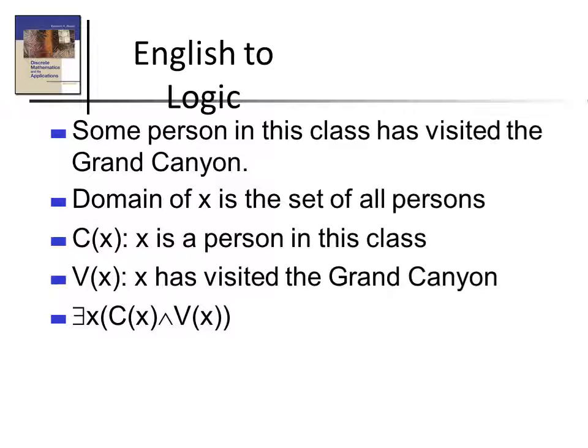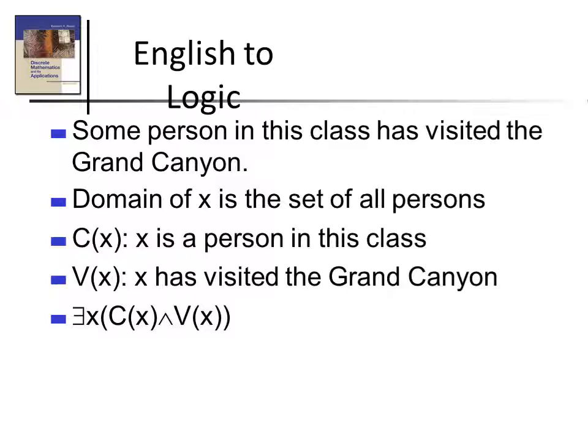Okay. Now, how can we convert an English statement to logic? These are important portions. There may be questions in your exams to convert English statements to logic. Here, the first statement: some person in this class has visited the Grand Canyon. That's a place. The domain of x is the set of all persons.